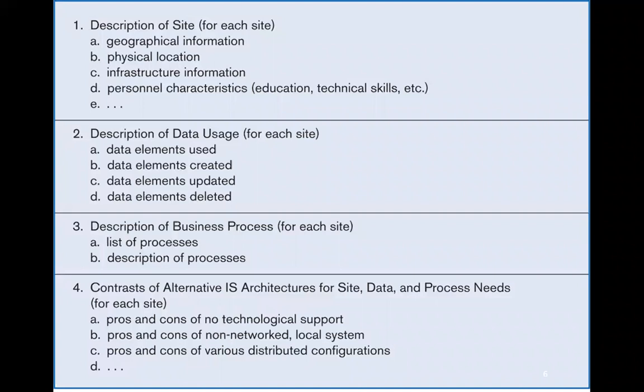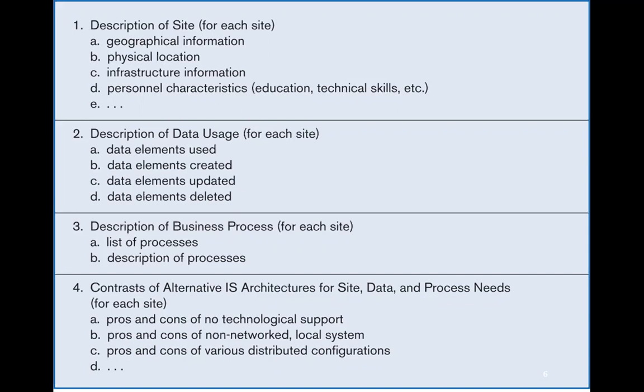So what might the deliverable, the distributed and internet system guidelines, look like? It looks like this. We're going to have a description for each site, where it is, physical location, as much information about the infrastructure as you could possibly provide, details of the personnel, and so on and so forth. We're going to be talking about the data usage, the elements used, created, updated, and deleted, what processes are used by the business when interacting with our information systems, and the pros and cons of no technological support, non-network local systems, various distributed configurations, and so on.